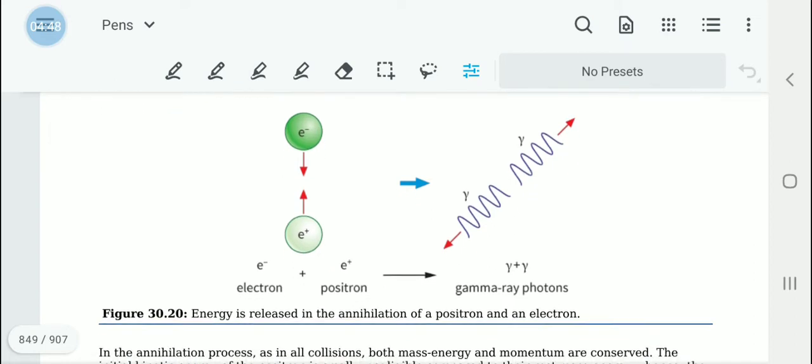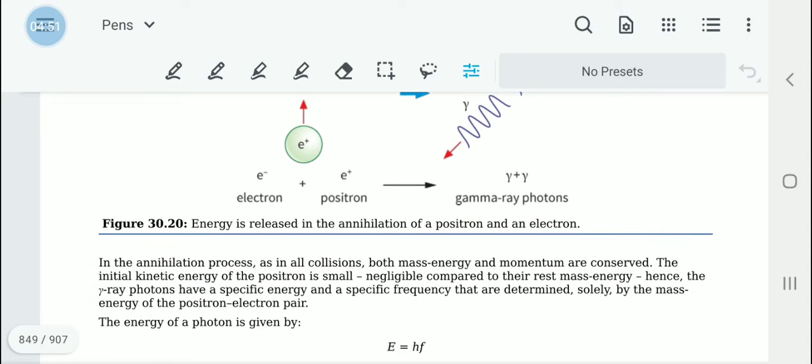In this process, the mass energy and momentum are conserved, as we learned earlier.